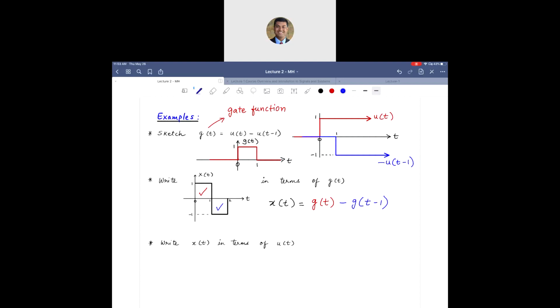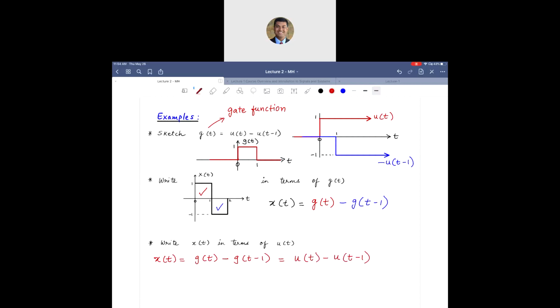Next, the last example over here is write x of t in terms of u of t. All right, so let's do that. X of t can be written as g of t minus g of t minus 1 in this set of examples. We have done that just a bit ago. G of t is actually u of t minus u of t minus 1.